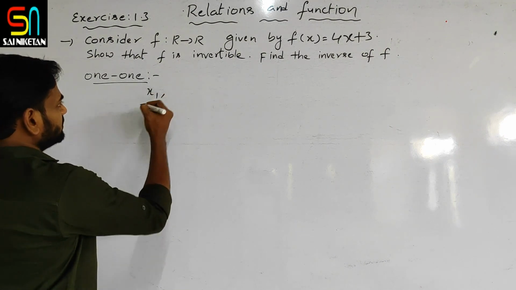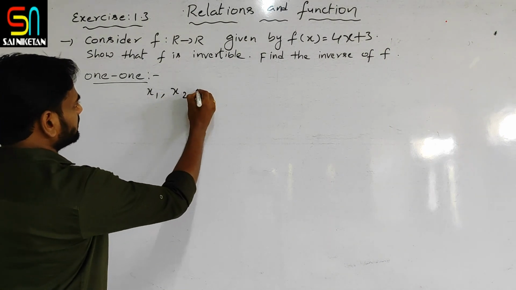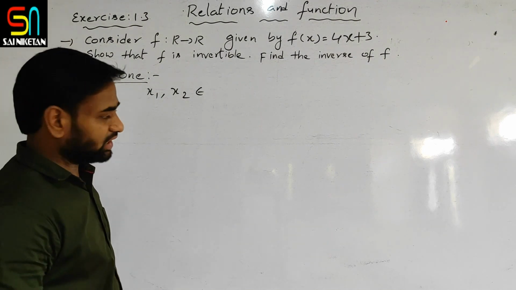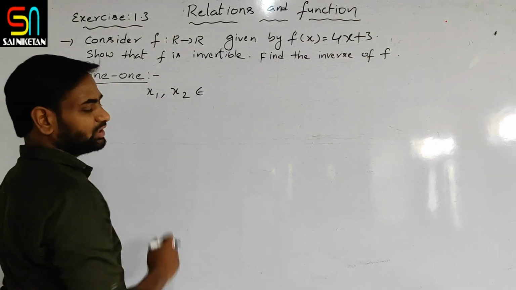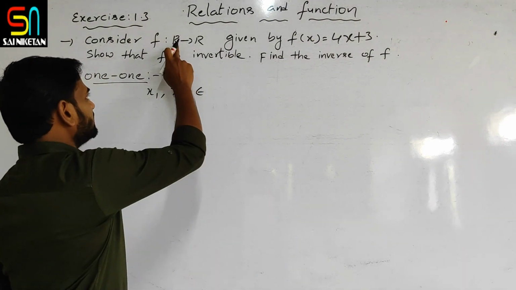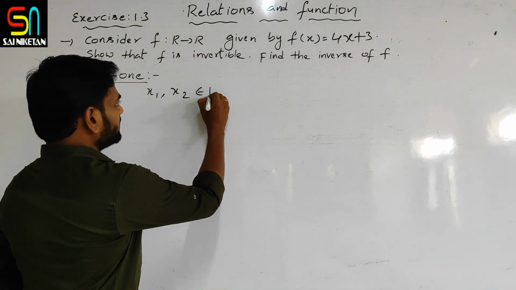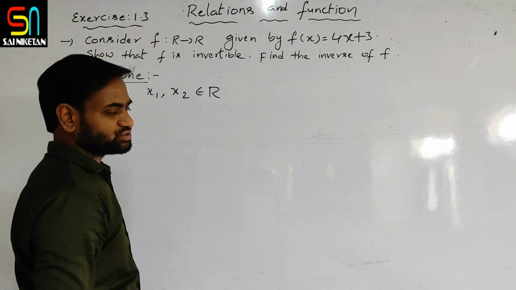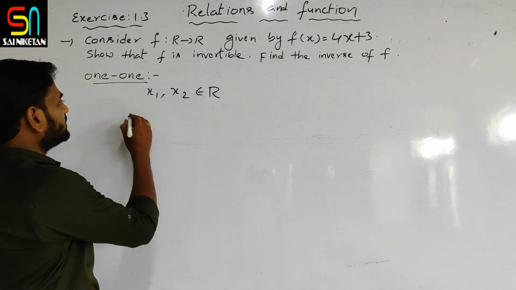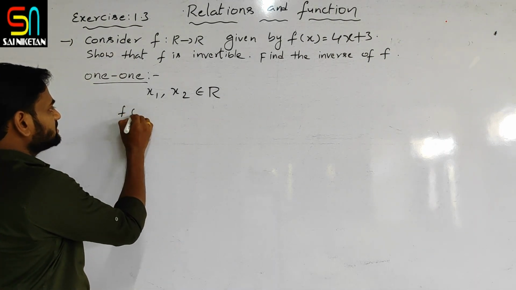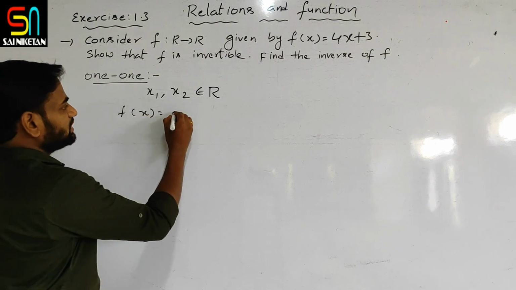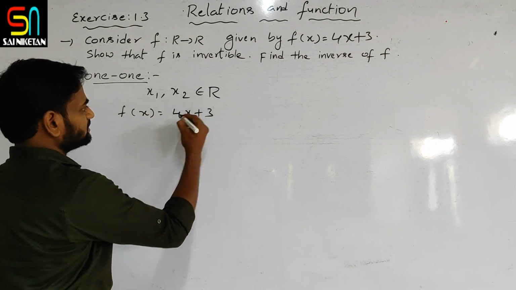I have to take two values, x1 comma x2 belongs to the domain. What is the domain here? Real numbers, and the codomain also real numbers. So in the domain I am taking the values x1 comma x2 belongs to R. Now f of x is 4x plus 3.